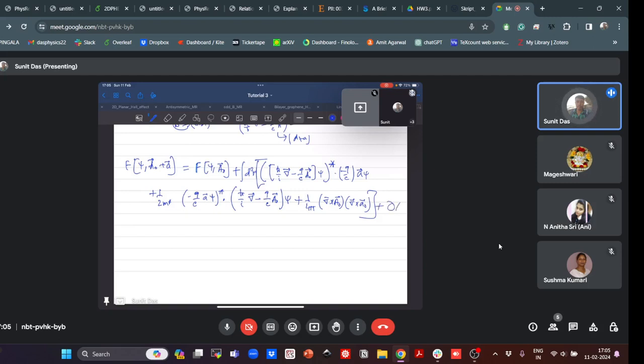Plus there will be some terms of order a squared, which we can neglect because a is small. So these terms will be small for A0 much greater than small a.